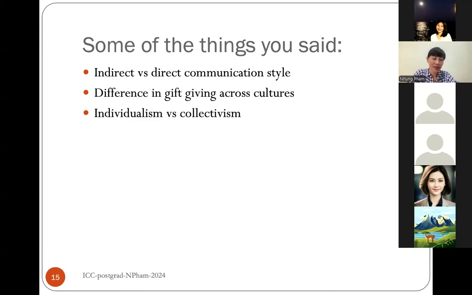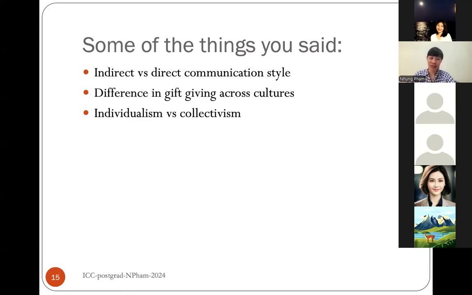However, Vietnamese people and also Korean, Chinese and probably Japanese people, the cultures which share Confucian values at some point in their history, tend to be oriented toward more indirect communication.